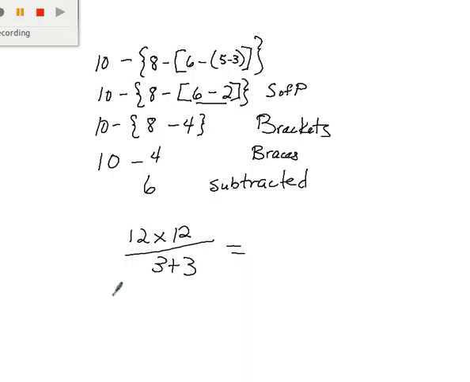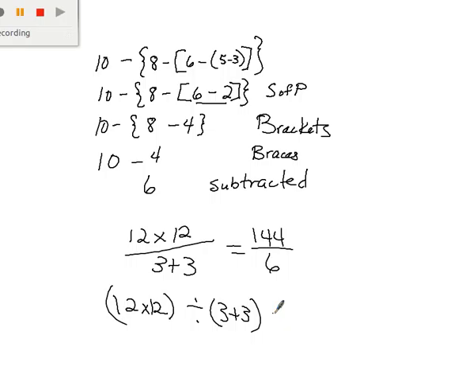In fractions, you simplify the numerator, then you simplify the denominator, and then you do the actual problem, because what this really says is 12 times 12, that quantity divided by the quantity 3 plus 3. So if you wrote it out, it would look like that. So it's 144 divided by 6, which is 24.